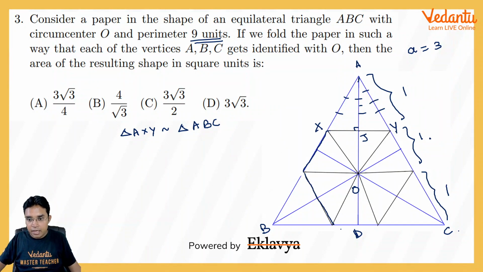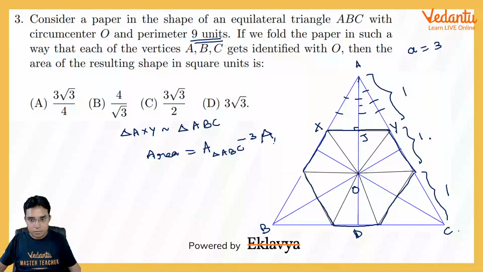So what you can see is that this is the figure for which we have to find the area, and you can see it is just devoid of the 3 triangles like AXY, which is also similar to the bigger triangle ABC. So my required area will be the area of triangle ABC minus 3 times the area of triangle AXY, because AXY has ratio 1:3 with ABC.